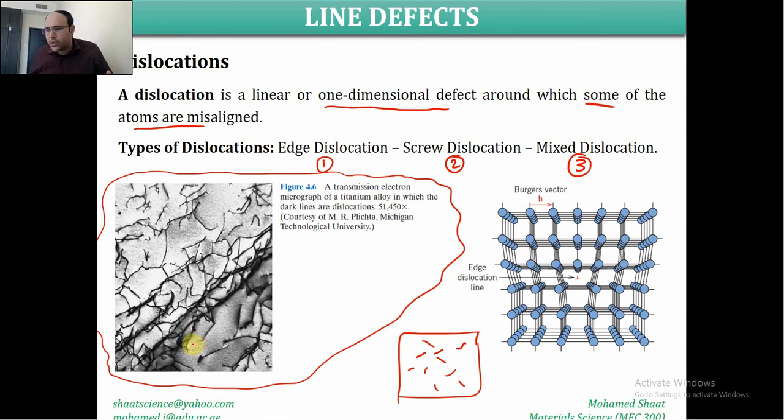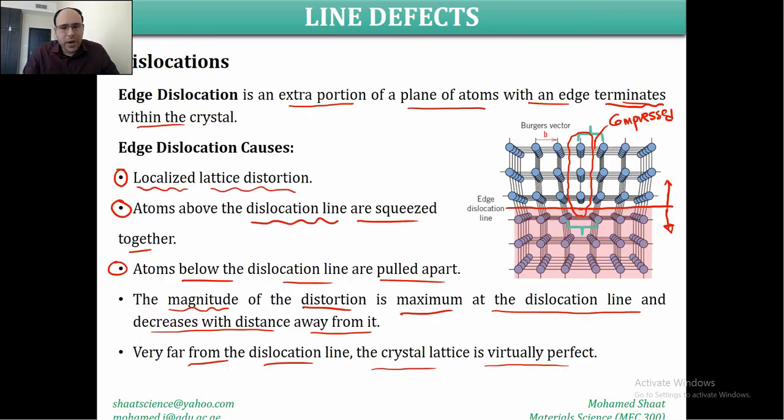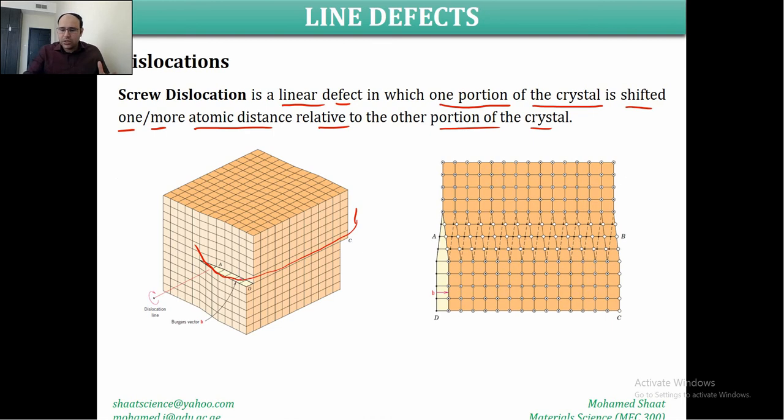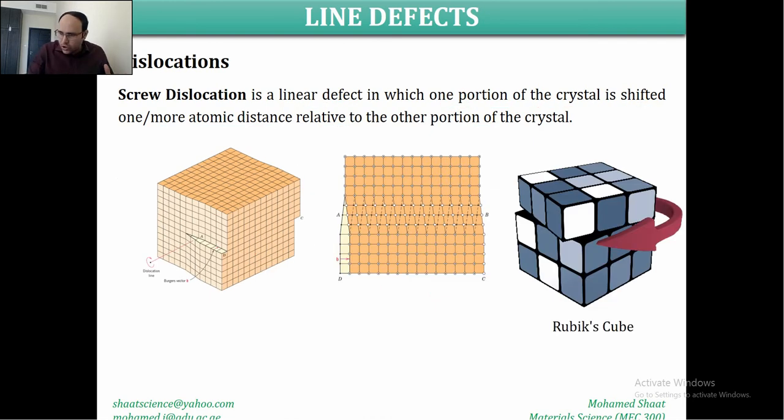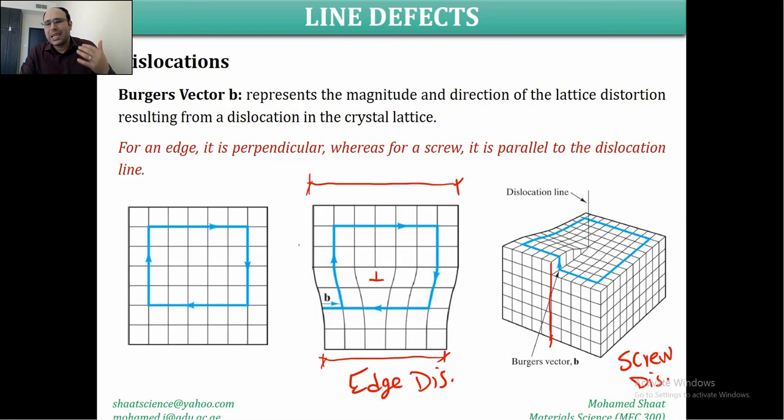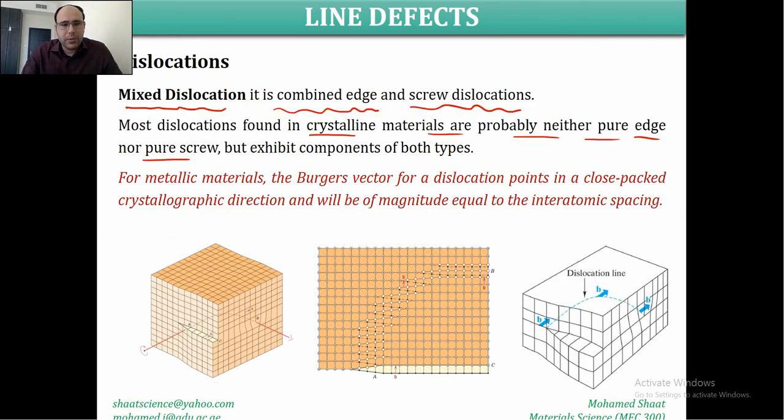What type of dislocation? They are combined. There are edge dislocations, there are screw dislocations, so there are lots of things happening here. In many cases, this is what happens in reality: we have mixed dislocation. But we can break this mixed dislocation into either an edge dislocation or a screw dislocation, so we can study this complicated dislocation type.